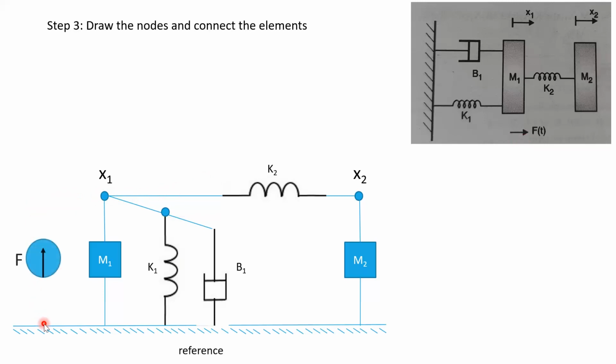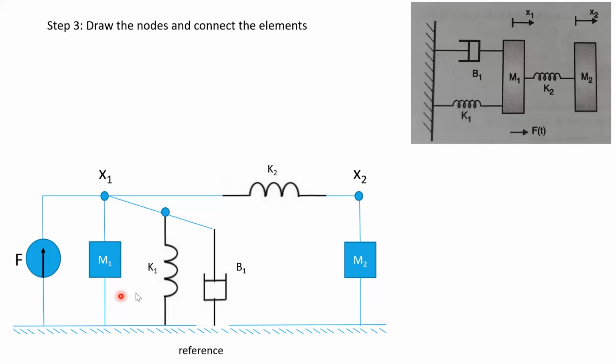So I'll use this symbol for input. I'll connect it between x1 and reference. You can use an inclined line as well, you can draw an inclined line directly to this, and you can put f here also. It is also possible to draw like this.